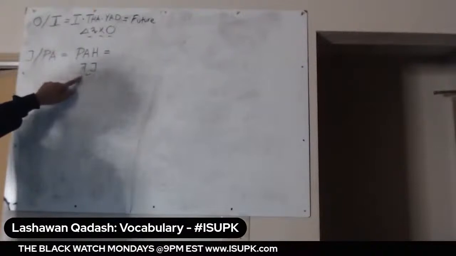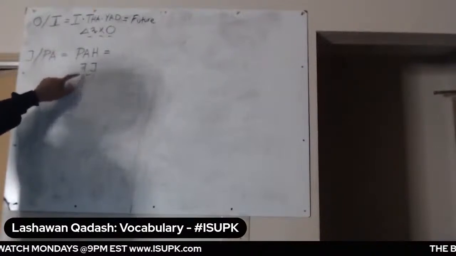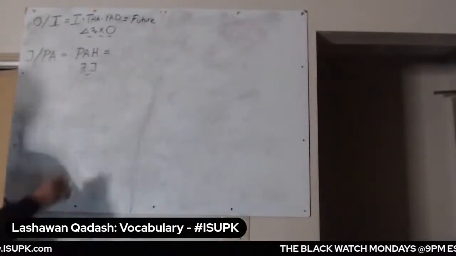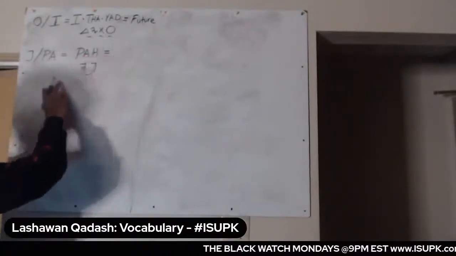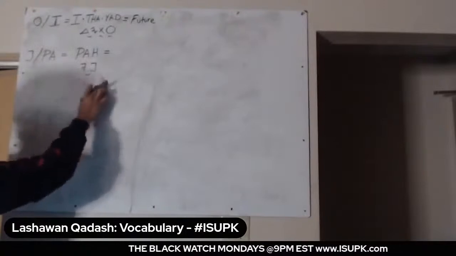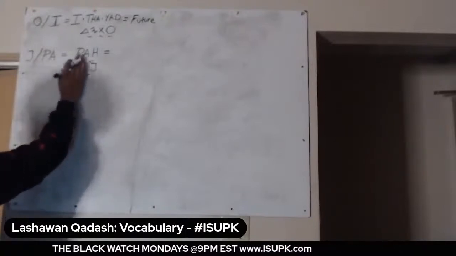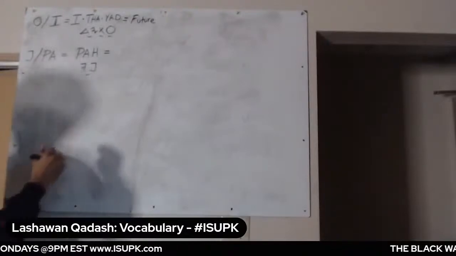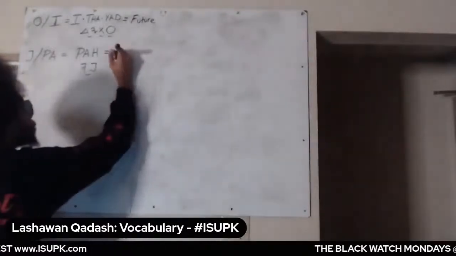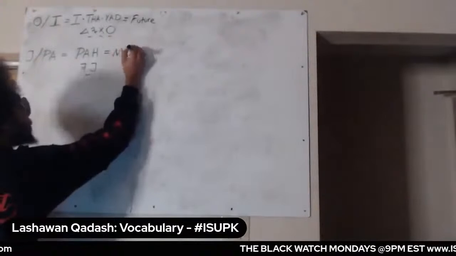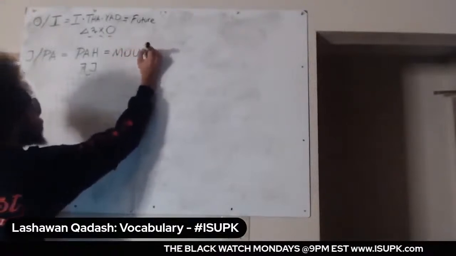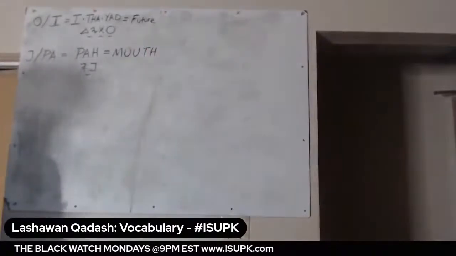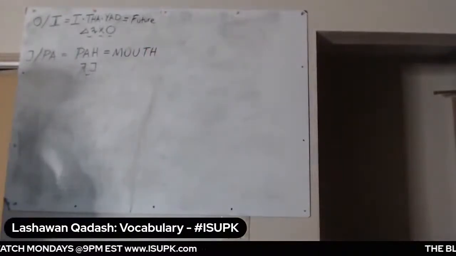Once it's towards the end of the word, what happens? Something falls off. So the A drops off from the huh, so now you have PAH, which sounds like this by itself. So puh. And what does this mean? It means mouth. The mouth that you speak with, mouth.